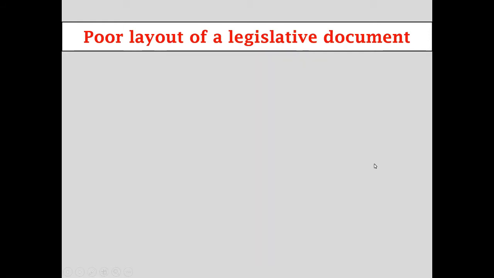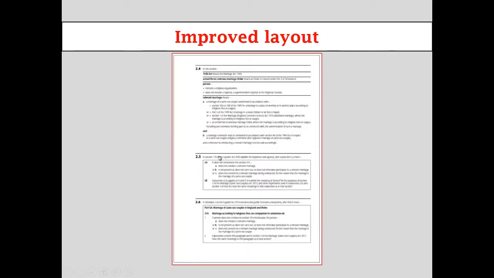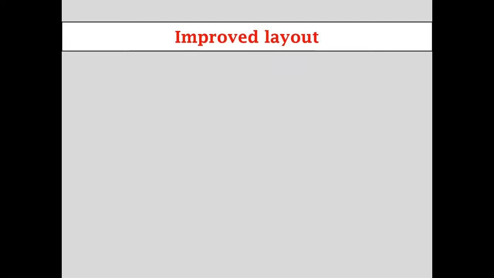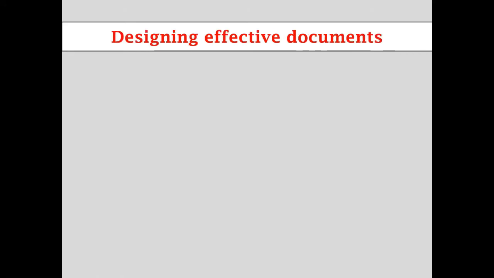So 8 depths of indent, very little typographic variation, no chunking, that is, information is not clubbed. Whereas you can see here, section numbers are displayed better. What belongs where is signaled clearly, and so on. So that's an improved layout. It has greater typographic variation and so on.